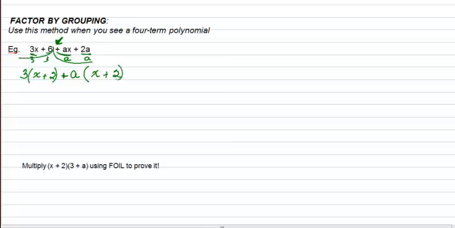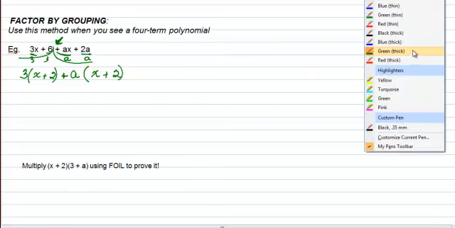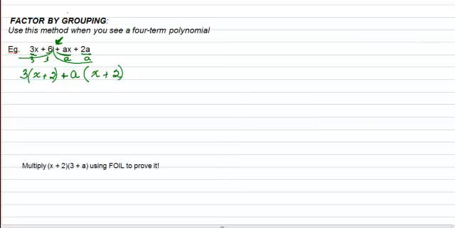Now this should look familiar because I did some examples that looked like this because I wanted to prepare you for this. And you'll notice that we did have 4 terms, and now we're down to 2 terms. And in these 2 terms, you can see our greatest common factor is x plus 2.